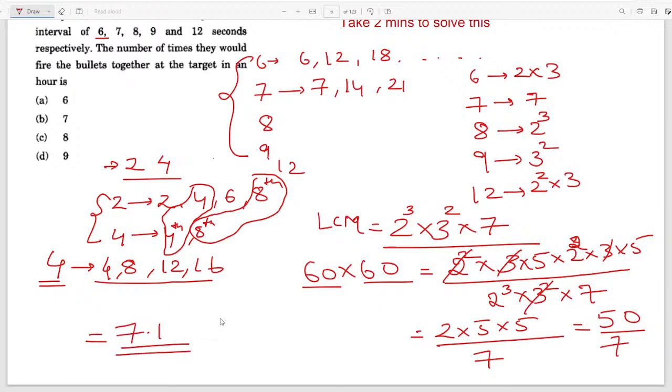So in these 3600 seconds, there would be 7 times when these 5 people fire together. The correct answer is B. I hope this is clear. Yes, it is 7.14, but if we just need the integer part, 7 would be more than enough for us. So I've taken 7. If there is any doubt, please ask.